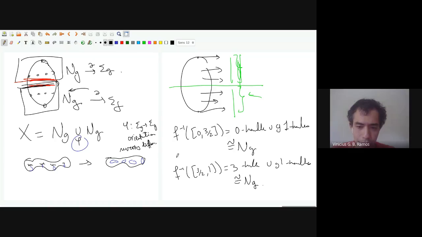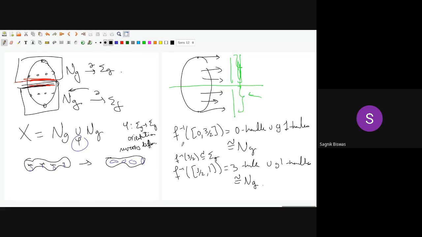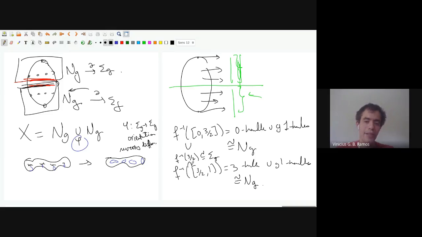So this pre-image of 3/2 is the boundary of NG, a manifold diffeomorphic to sigma G. But this is the boundary here, and this is the boundary here.